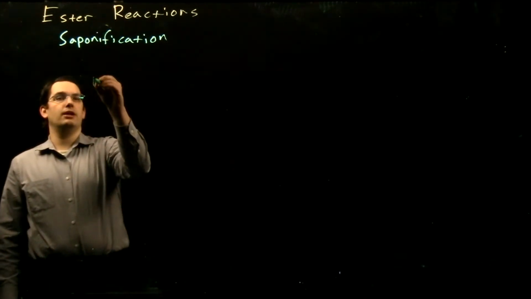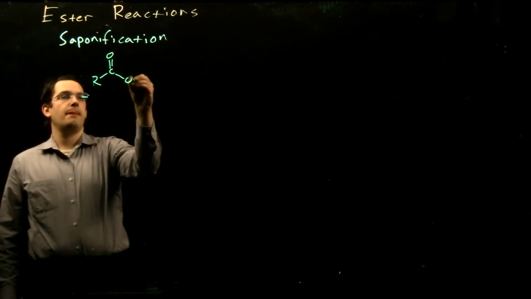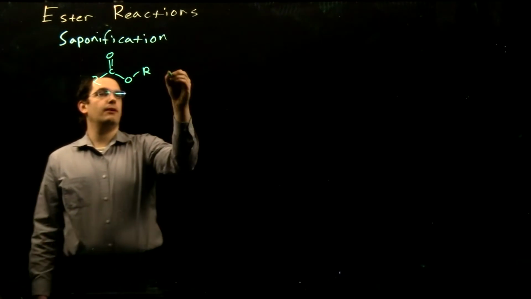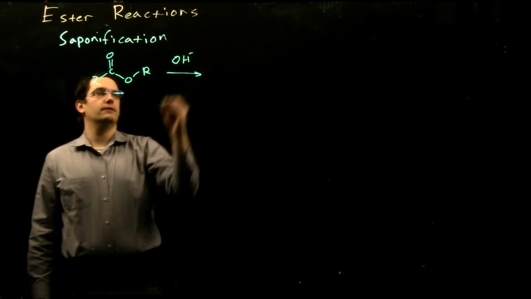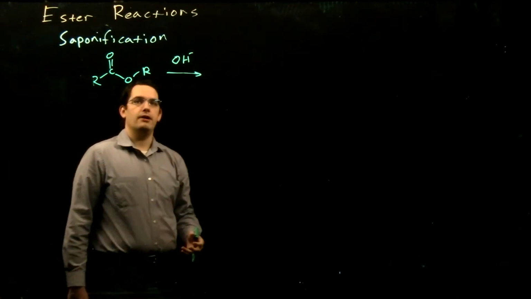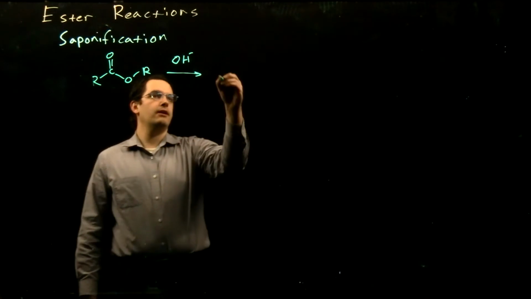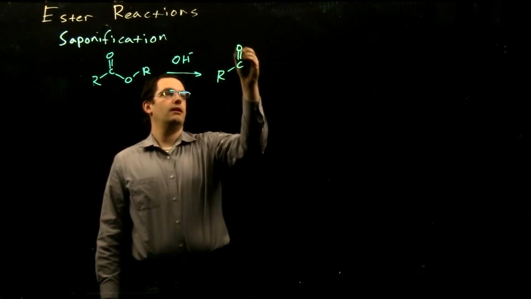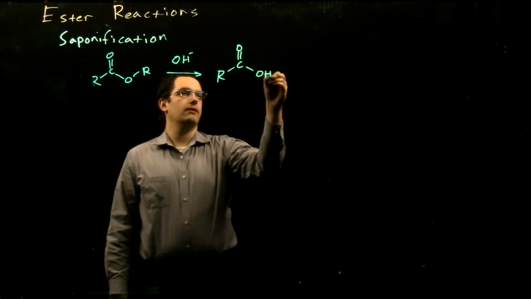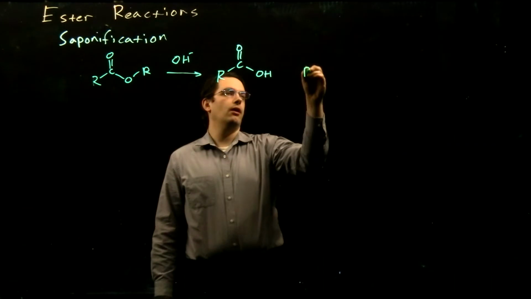So in this reaction, we take our ester, and we're going to react it with a strong base. So we might use sodium hydroxide to create our hydroxide ion. And that base will react with our ester and break it apart, or hydrolyze it, in order to create our carboxylic acid and our alcohol.